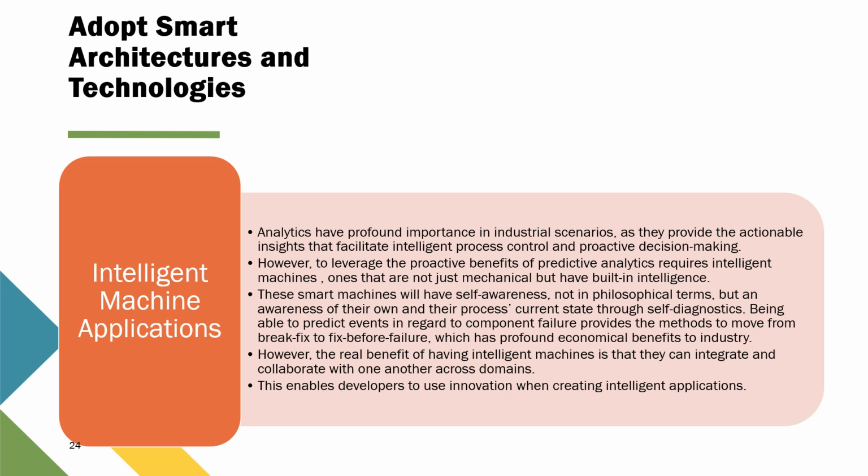However, the real benefit of having intelligent machines is that they can integrate and collaborate with one another across the domain. So it will make it easier for the production lines, where for example, we can make sure that the process will run smoothly when one product is coming from one station to another.